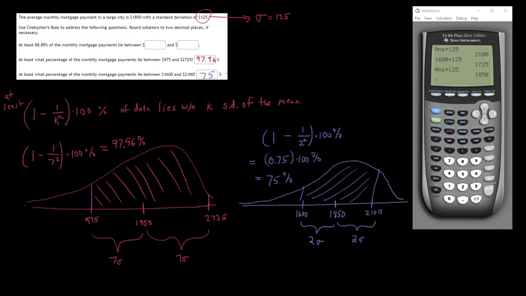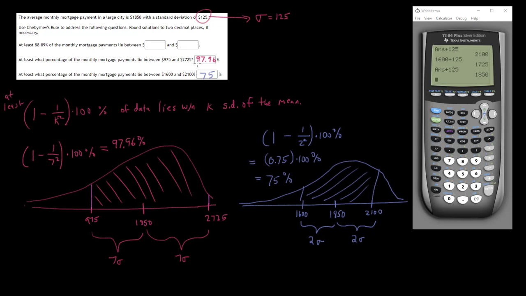So instead of finding a percent related to an upper and lower bound, here we are given the percent and we want to reverse engineer that upper and lower bound. So a similar question might be, at least 97.96% of the data lie between what and what? Well, they lie between 975 and 2,725.